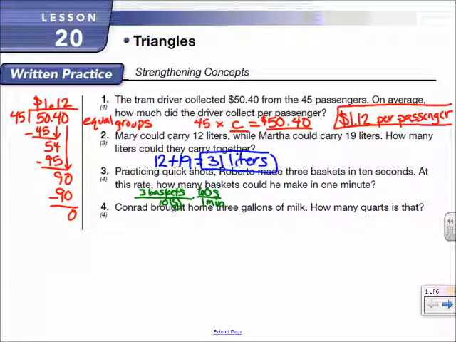So I have 3 baskets times 60 seconds divided by 10 seconds. And then I would divide by 1, but it doesn't change anything. So 3 times 60 is 180, divided by 10 is 18.